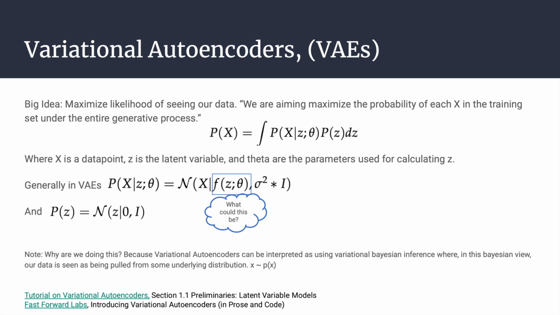If we're using the MNIST dataset and trying to create numbers from 0 to 9, you're not going to see a picture of a dragon or something, is all that's saying. So we're trying to maximize the probability of seeing our data under this generative process.